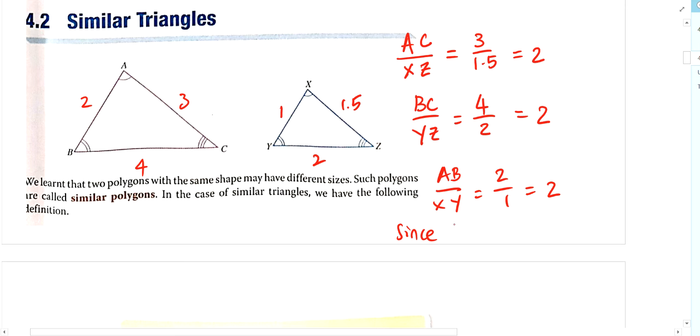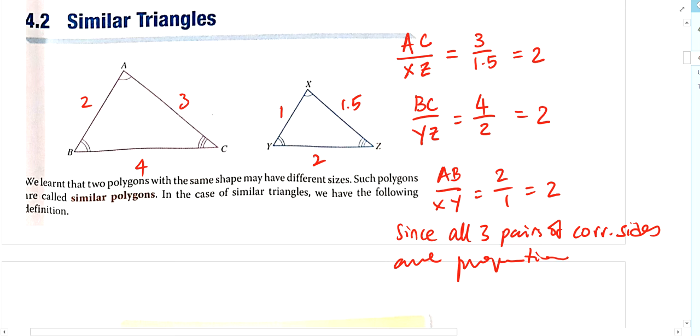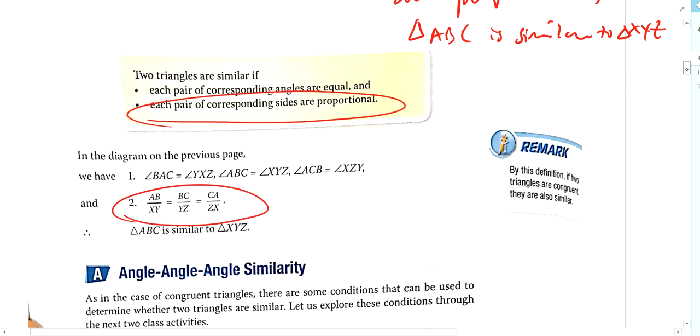Since all three pairs of corresponding sides are proportional, triangle ABC is similar to triangle XYZ. Okay? Generally, this is the whole idea for similar triangles.